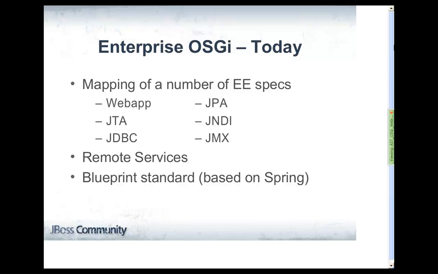Basically, it defines how you can add properties to your service registration to indicate whether a service is suitable for remoting. And if you have a compliant remote services implementation available in your framework, it will basically expose the service over the network.